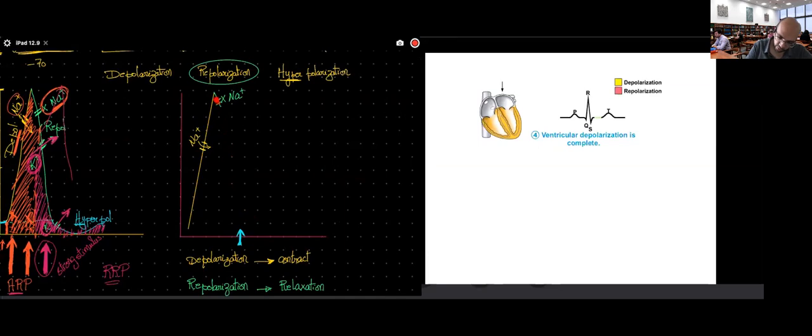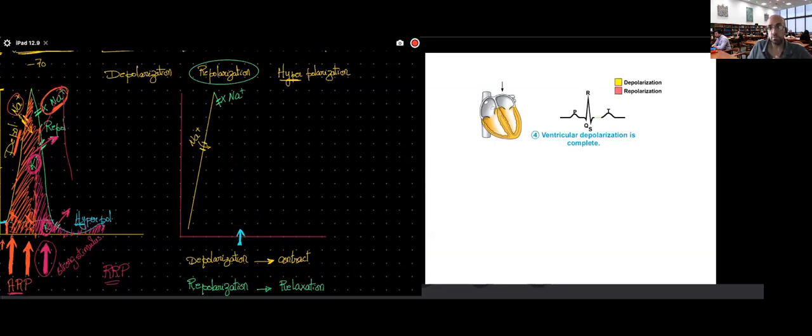So if I received a strong stimulus, what's going to happen? If it was like the nerve, it will create another action potential, and so another depolarization, which causes it to contract.